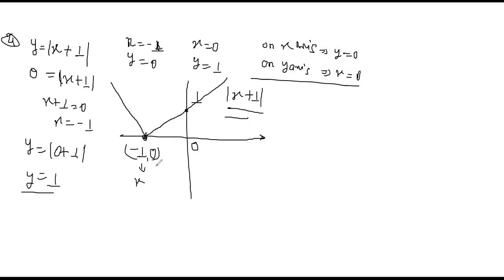This is x and this is y. And here, if you want to point 0, 1, then this is x and this is y. If you take another point, such as x equal to 1 by 2, then y will be 3 by 2. So x equal to 1 by 2, y equal to 3 by 2, here it will be a point.